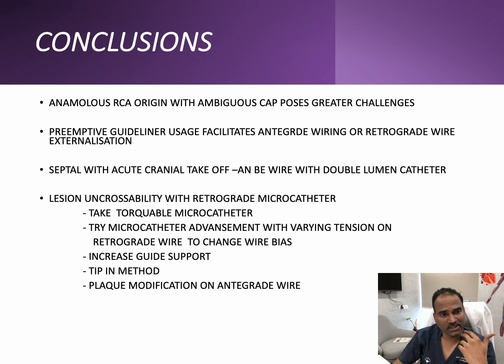You can increase guide catheter support, that is retrograde guide support, for better trackability and pushability. You can use the tip-in method for quick antegrade access in cases where you are not able to cross the lesion retrogradely. You can also do clock modification on antegrade wiring by subintimal crush for further advancement.